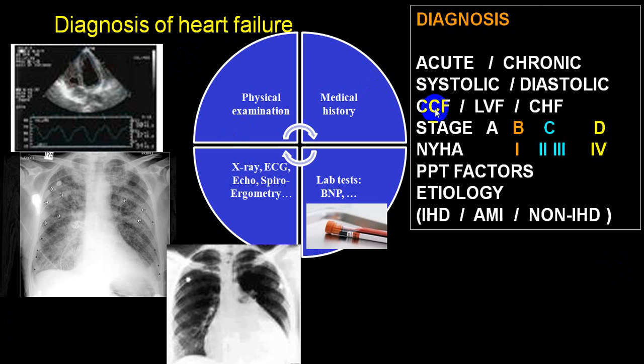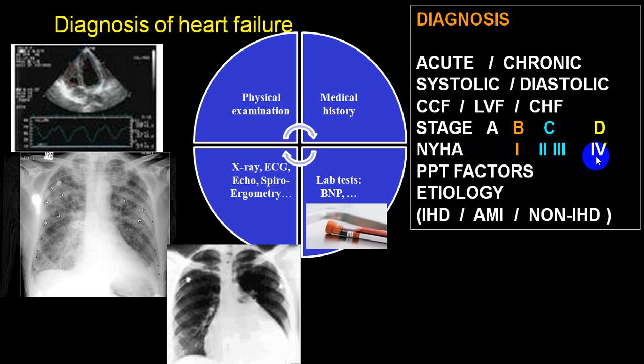And after all this medical history, physical examination, laboratory parameters, X-ray, ECG, echo, etc., you should be able to differentiate between acute and chronic, systolic, diastolic, whether it is a pure right ventricular failure or it is LVF, or LVF with CCF, what we call congestive heart failure.